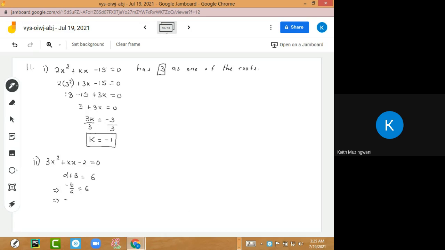But b is k and a is 3, equal to 6. This implies that -k is equal to 18. Divide by -1, by -1, we get k to be -18. Like that.